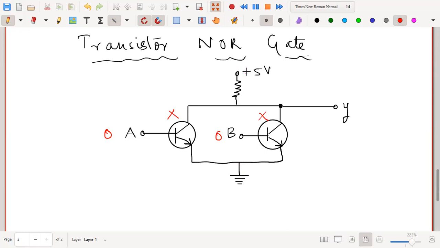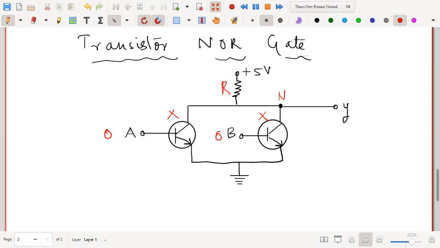Since the current cannot flow through this to the ground, all of this potential, across this resistor R, will appear at this point N. This point N will also be driven to positive potential, and since current cannot flow through this transistor, all the potential will appear across Y, which is the output. That is, Y would be at a very high positive potential, that is plus 5 volt. That means Y is equal to 1. So when both the inputs are 0 0, the output is 1.